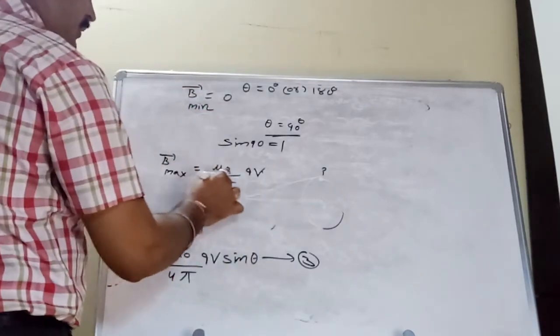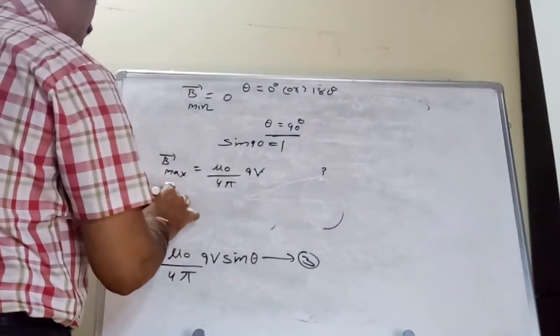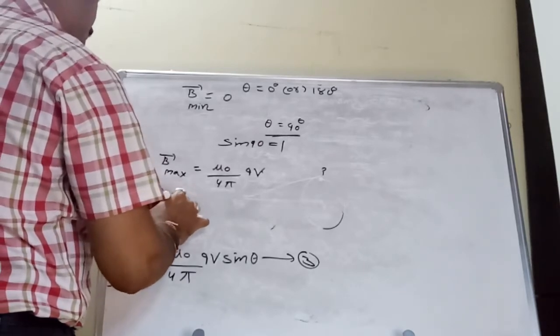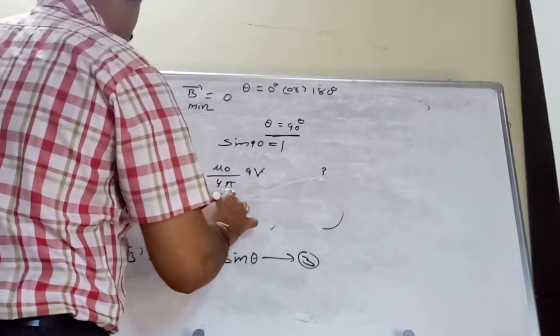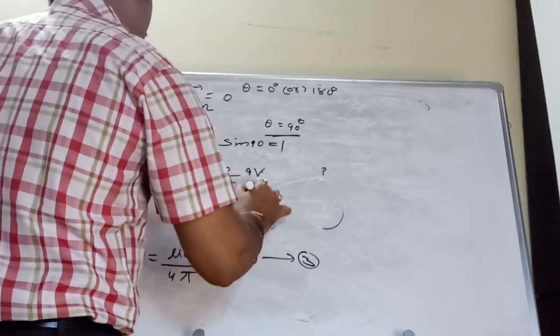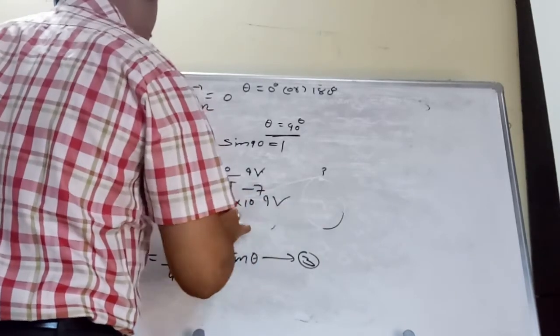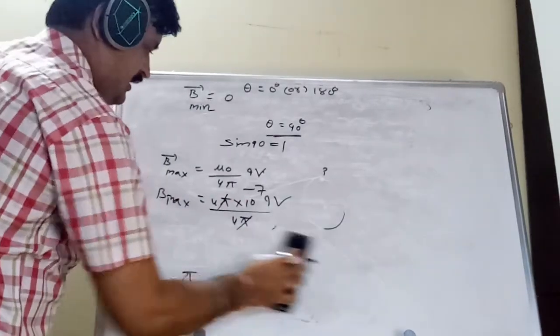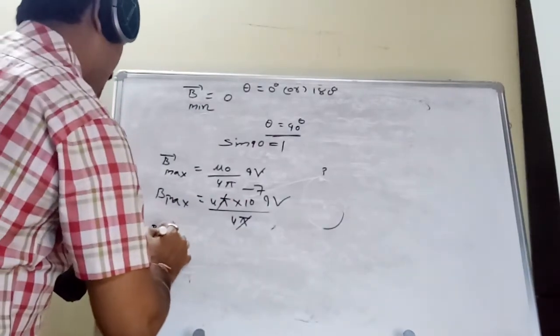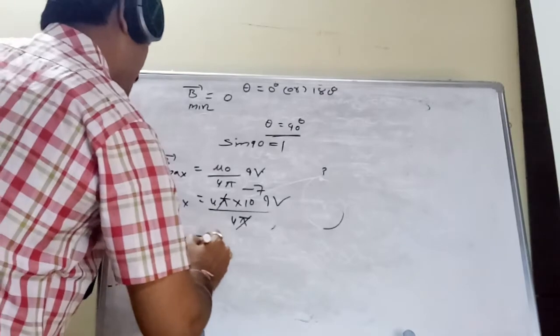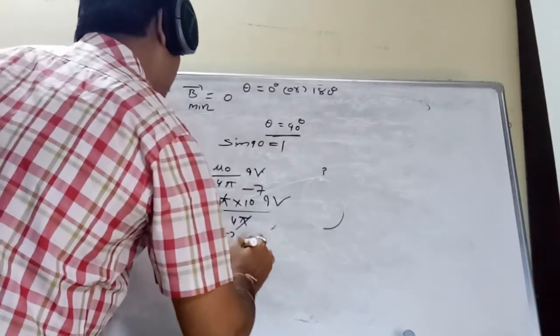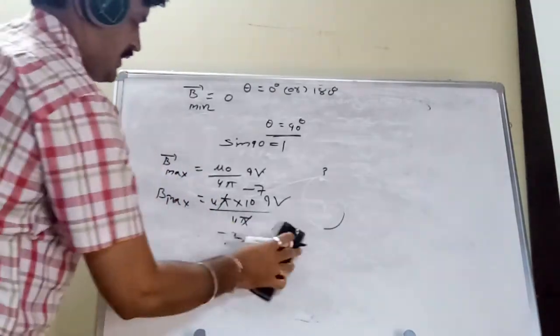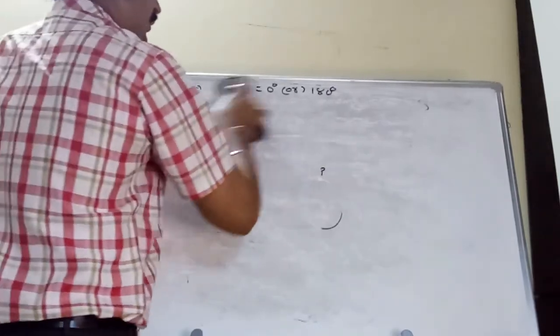So B maximum equals mu naught by 4 pi into qv, with mu naught by 4 pi equal to 10 power minus 7. So B maximum equals 10 power minus 7 qv. Next, force between the moving charges.